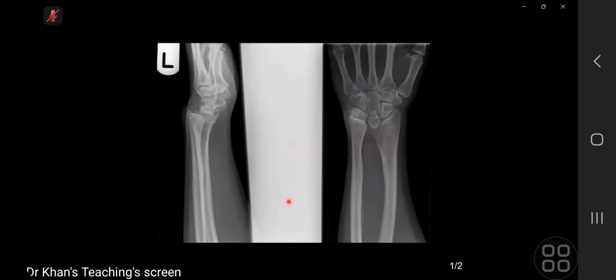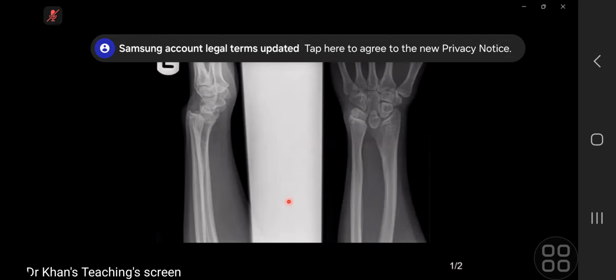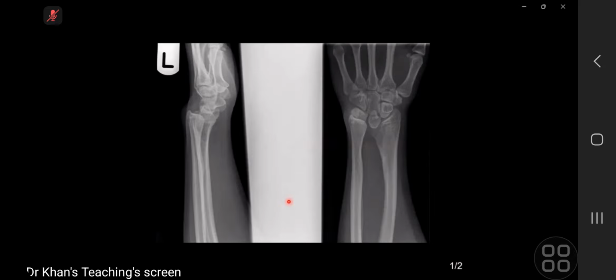This can be in keeping with Madelung deformity. I would have a look at the carpals, any signs of shortened carpals, to see if there's any signs of Turner syndrome. It doesn't look traumatic, which would be a less likely differential. So in summary, it looks like Madelung deformity of the wrist.